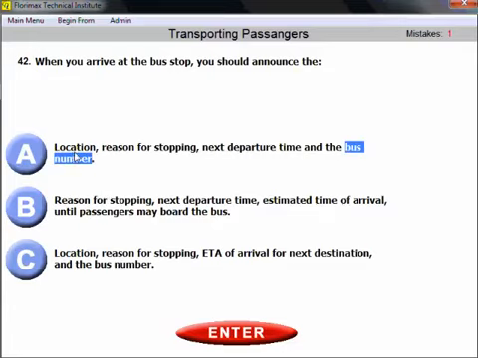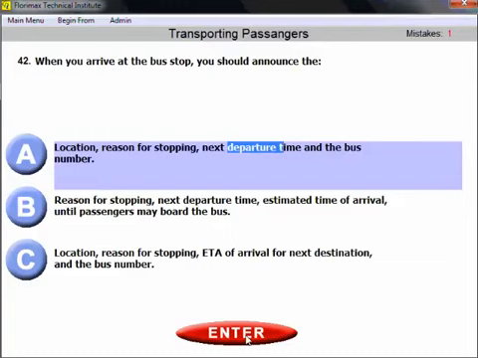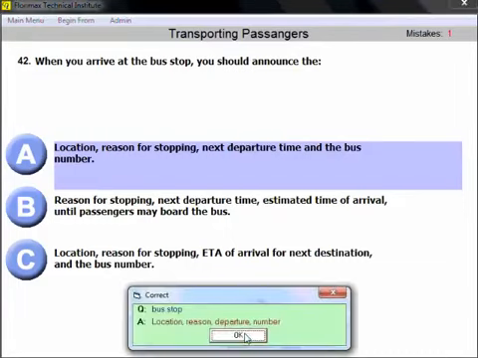You better write it down and memorize: location, reason, departure time, and number. Location, reason, departure, number. That's what needs to be announced, and you should do it before arriving at the bus stop.